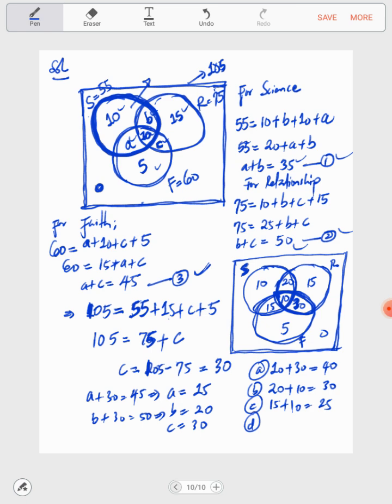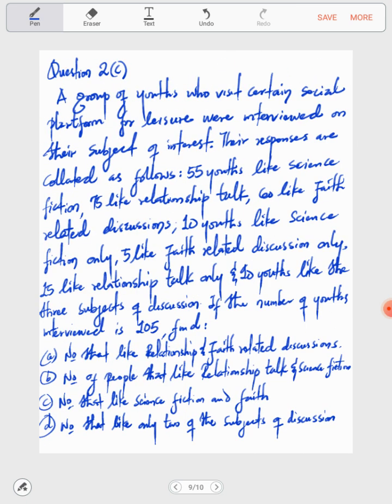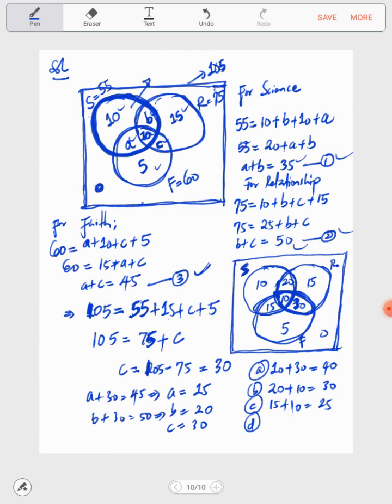And the last question says number that like only two of the subjects of discussion. That means either this and this only, that is science and relationship only, that will be 20.